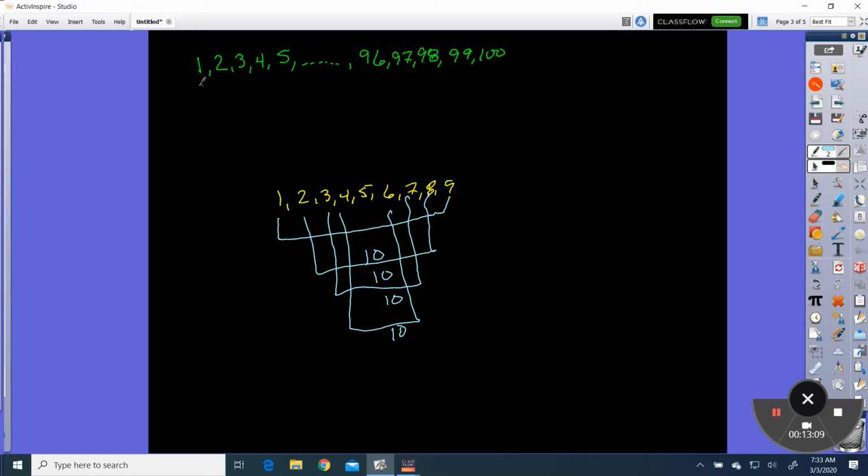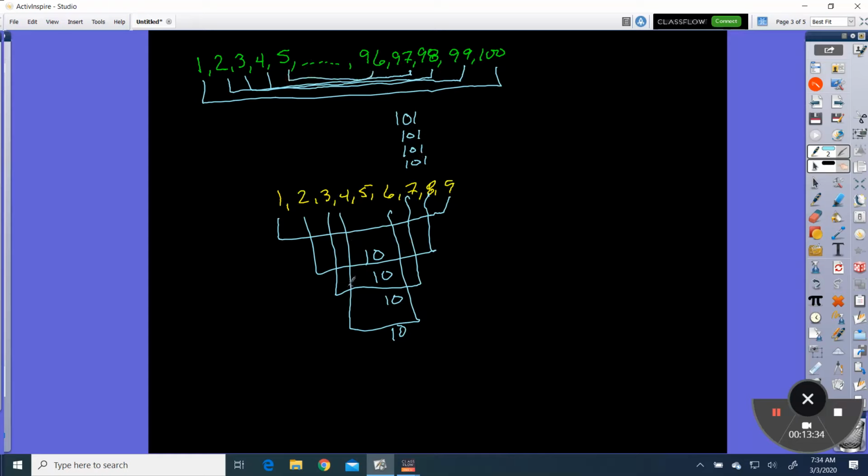By the same idea, if I go 1 plus 100, what is it? 2 plus 99. 3 plus 98. 4 plus 97. 5 plus 96. What do you think they're all going to be? Okay. Now this one, how many numbers were there?